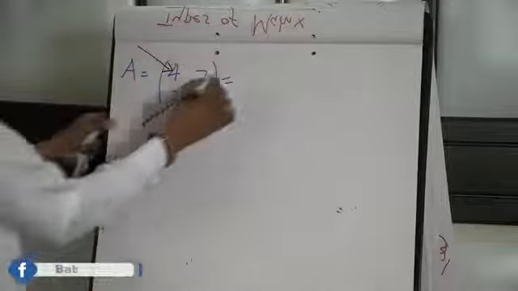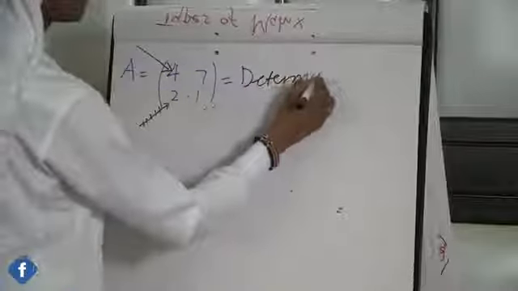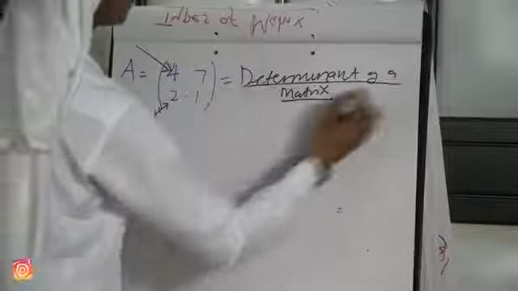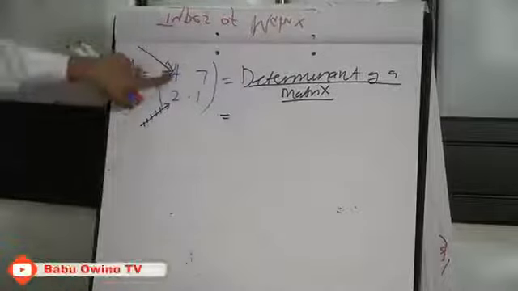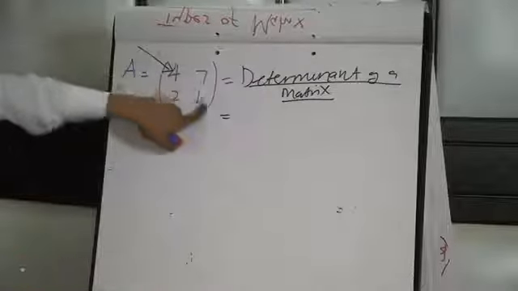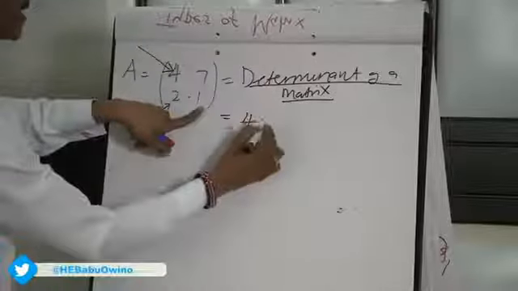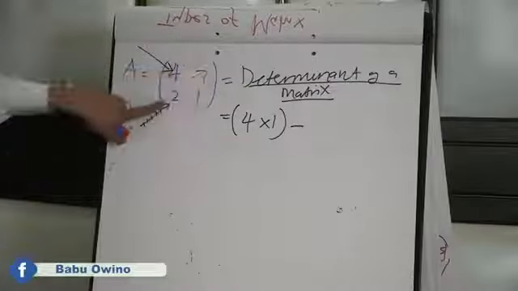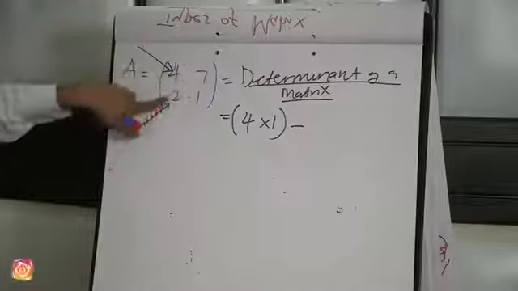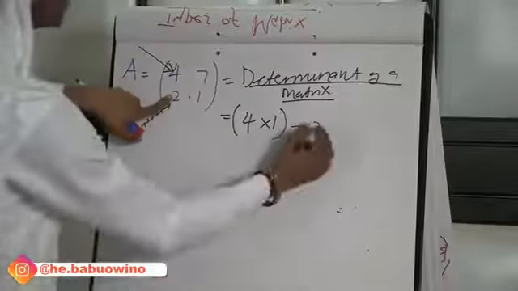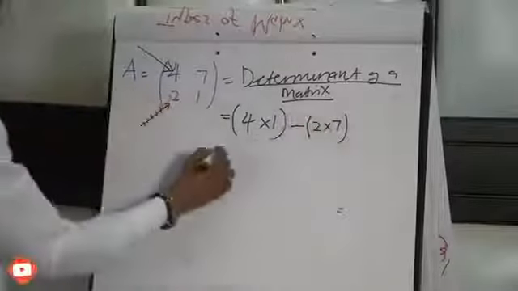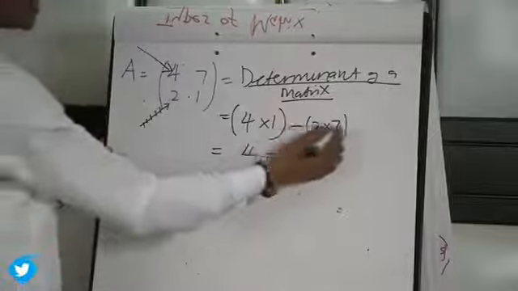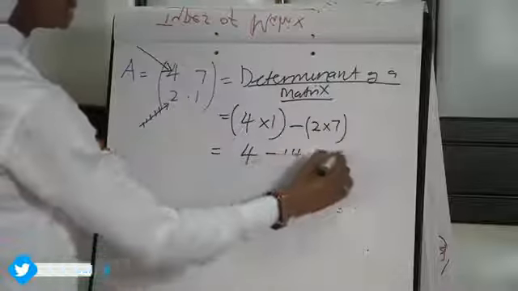So in getting the determinant, you multiply the elements on the leading diagonal, that is 4 by 1, then you subtract the elements on the other diagonal multiplied, minus 2 times 7. 4 by 1 is 4, minus 2 by 7 which is 14. 4 minus 14 is minus 10.